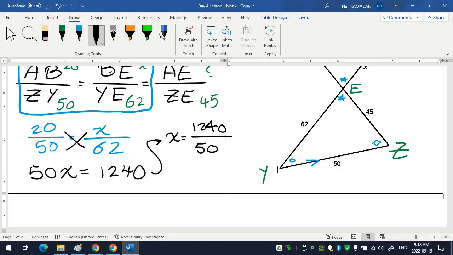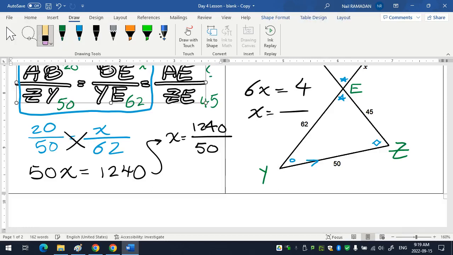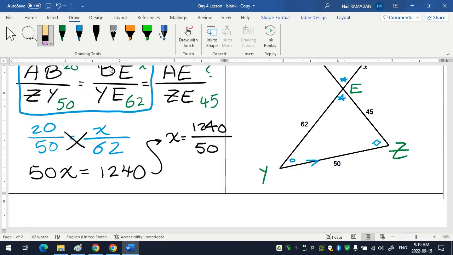Could you sometimes have to divide the small one by the big one? What if I give you this question? 6x equals 4. x equals what now? Well, it's always the number by itself divided by the number next to the x. It's never always big over small. Just because it happens often doesn't mean it's always the case. I'm saying this because so many people are fixated on putting big over small. Nope, you don't have to, depending on what the number says.